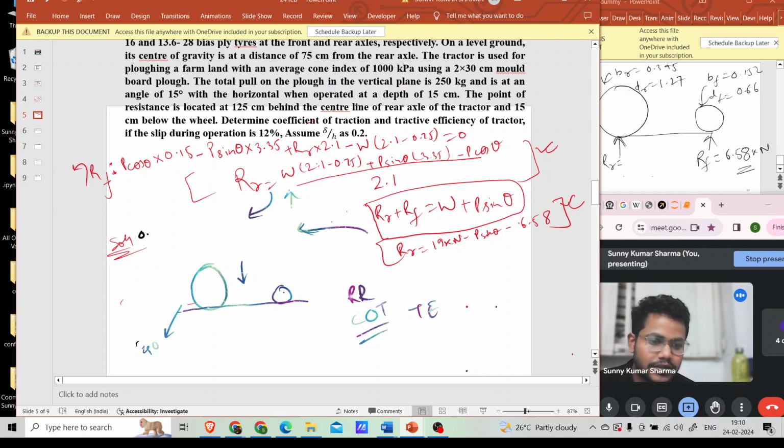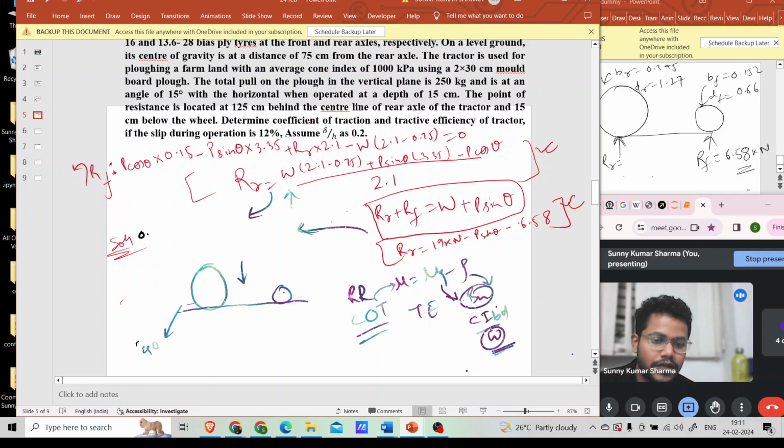For coefficient of traction, if you have missed the class, coefficient of traction mu is equal to gross traction ratio minus rolling resistance. And mu you have to calculate from Briggs equation, and rho also from Briggs equation. In both formulas, mobility number will come, and for mobility number you have to calculate CI times b times d by W, and this W is dynamic weight.